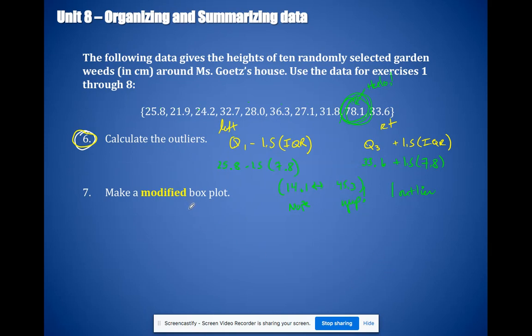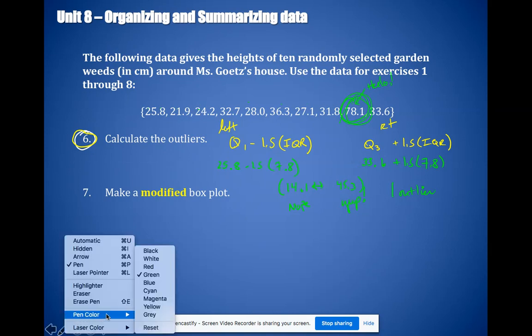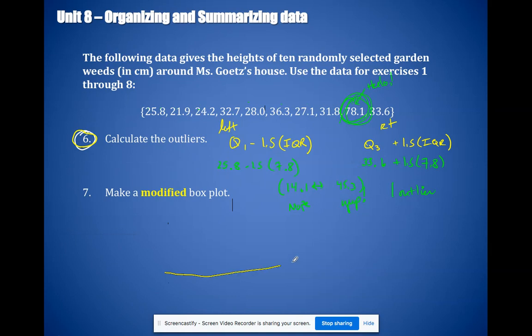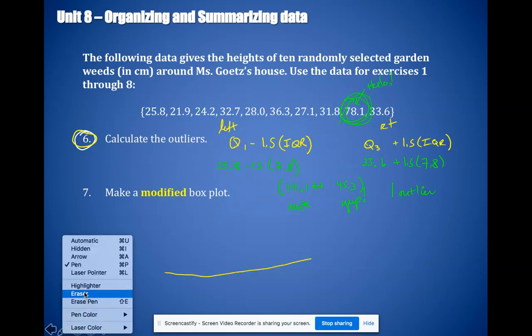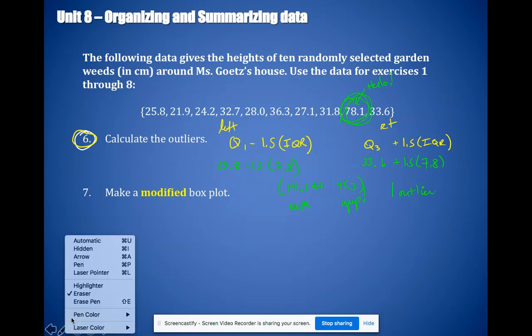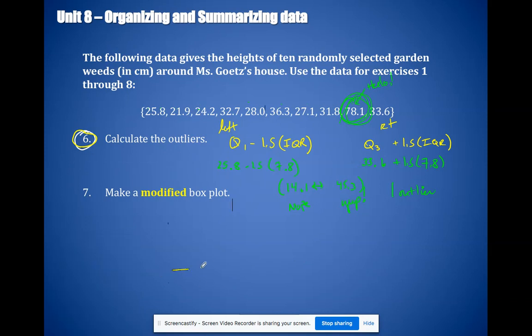So to make a modified box plot, you start the same. Make me a horizontal scale. Oh boy, that was terrible. 21.9. 78.1 used to be my max.